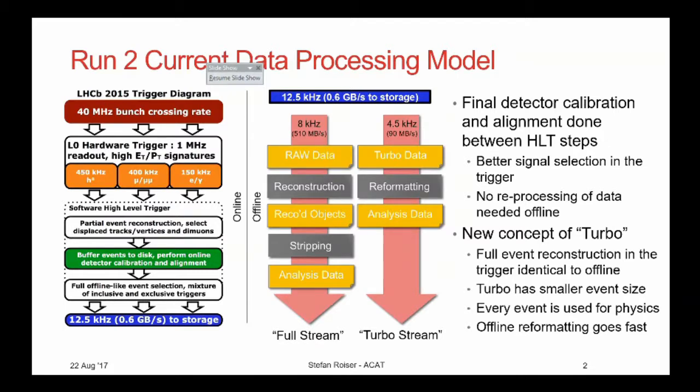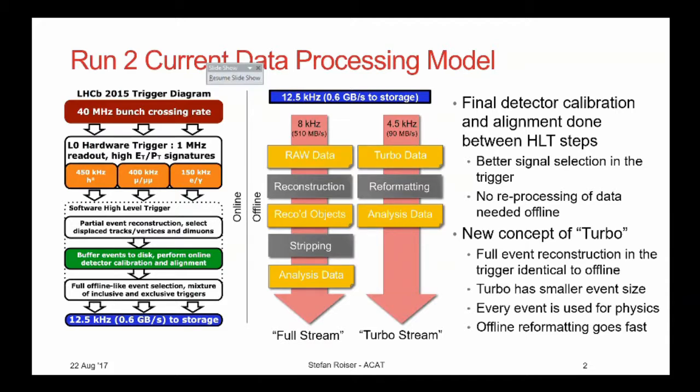So we do just a little bit of reformatting, which goes very quick on the grid, and the data is right away available for the analysis, and it works. So the best proof of this is that for Run 2 we have not done any reconstruction of any data that we have collected so far.